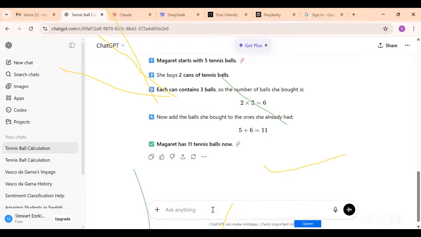Number 3, compare the answers. Then select the most consistent answer.